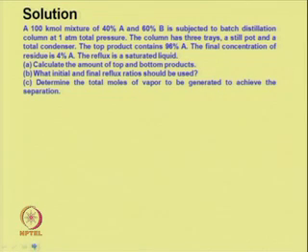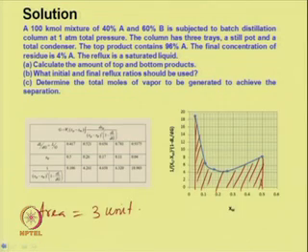Now, the area is known to us. The amounts of top and bottom products we have already calculated. What initial and final reflux ratio should be used? The initial and final reflux ratio are given over here: initial, corresponding to 0.5, is 0.417, and final, corresponding to 0.04, is 0.39.